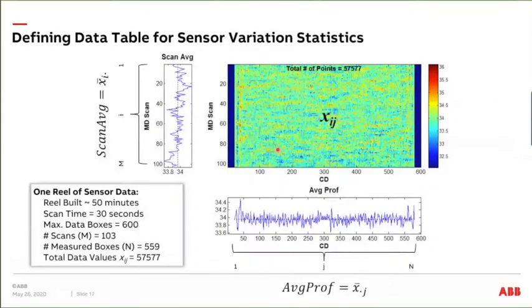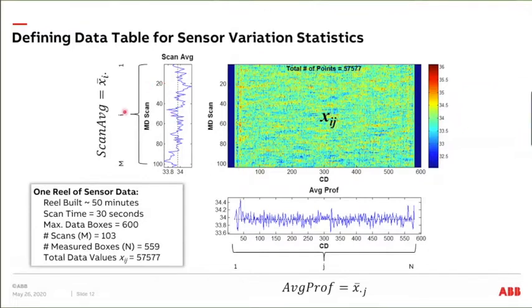Now we're going to continue on with some examples. For this example, we're back to the contour plot. With the contour plot, we have each scan. Going vertically, we're going in the machine direction, so you could think of the sheet running from top to bottom. As we scan back and forth, we create these profiles.